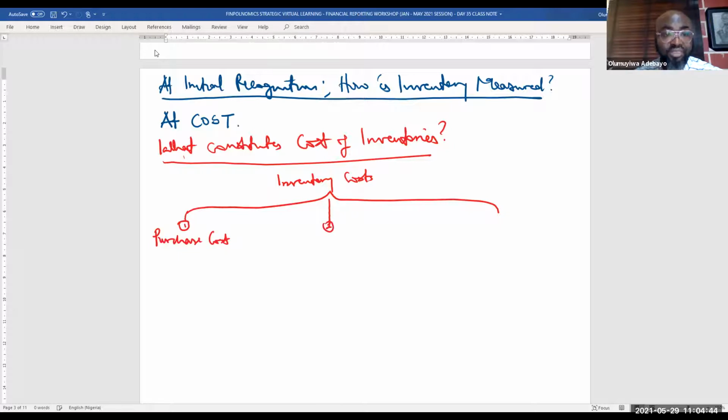The second part of it is the conversion cost, or cost of conversion. And the last part of it is other incidental costs. Now, what is purchase cost in its real sense? Who can tell me what purchase cost is in its real sense?